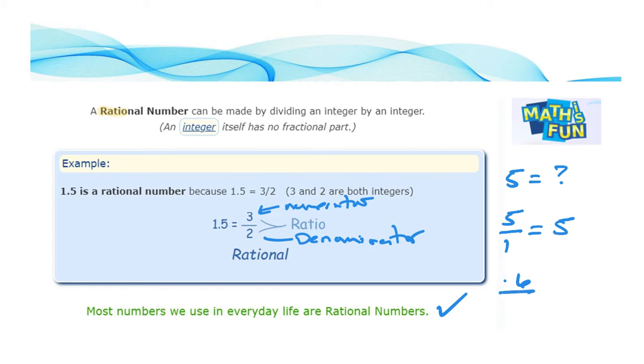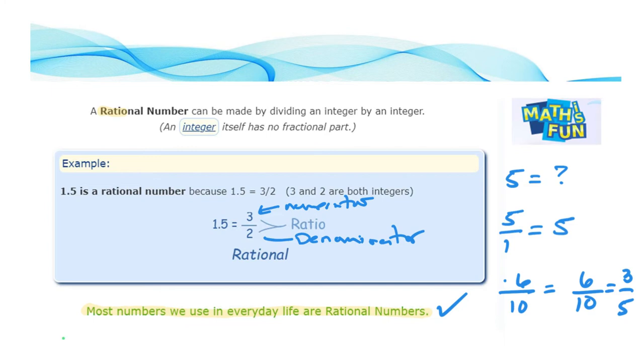This is in the 10th place. So we can write this as 6 over 10, and then we can go ahead and reduce this to 3 over 5. And of course, this is a rational number. This is a fraction. So we can see by these examples that most numbers we use every day are going to be rational numbers. Here's a challenge.